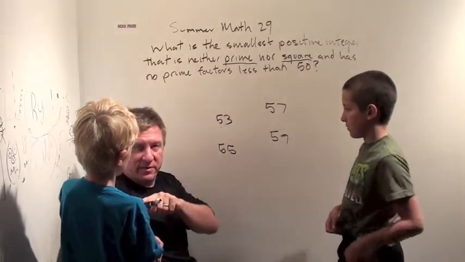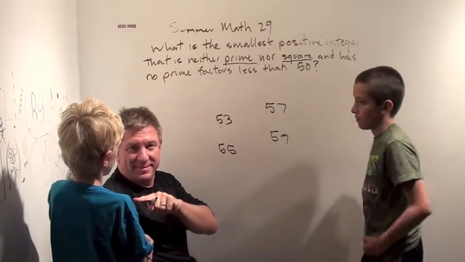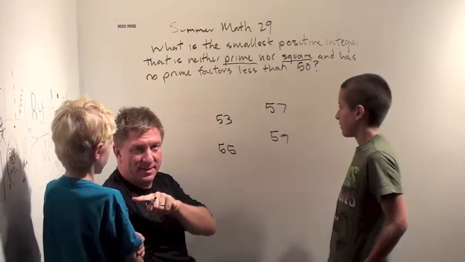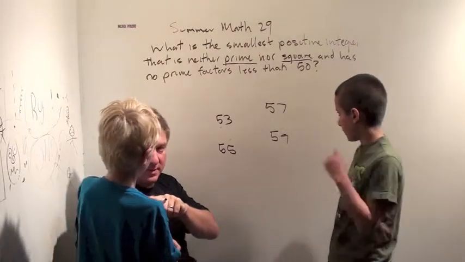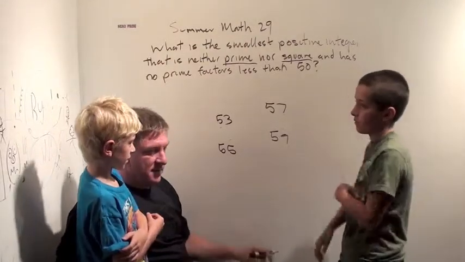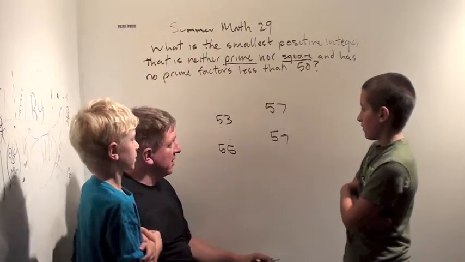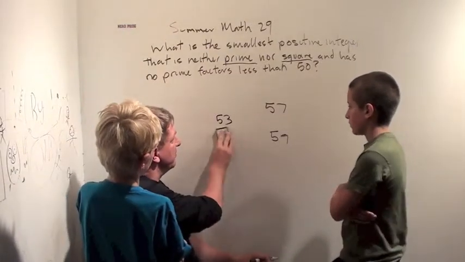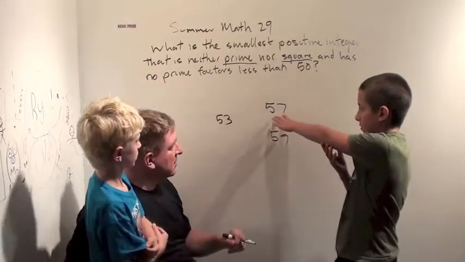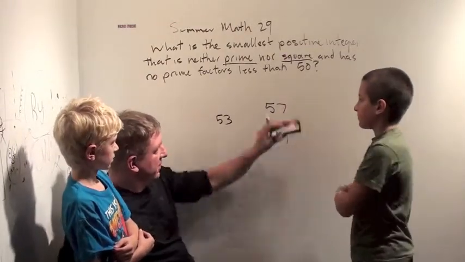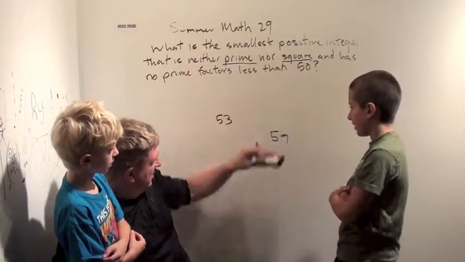What else is 55 divisible by? 5. Okay. So here are our choices: 53, 57, 59. 57 is divisible by 3. Okay, so I think we nailed it here.